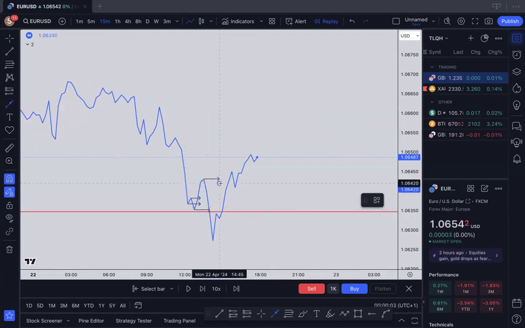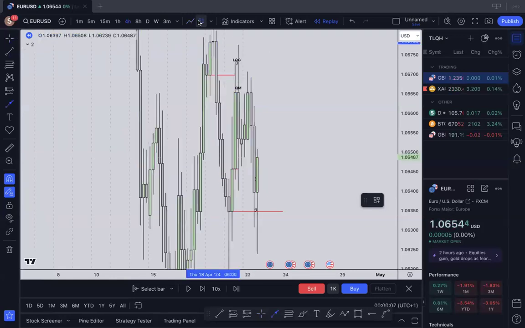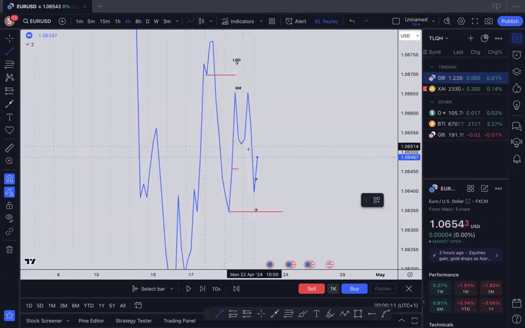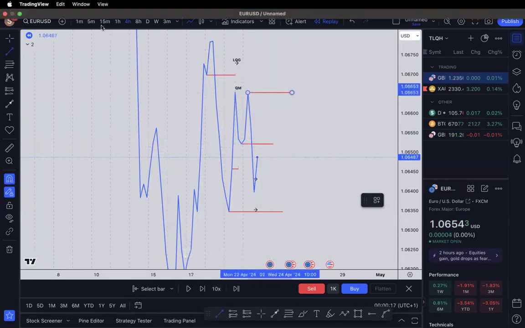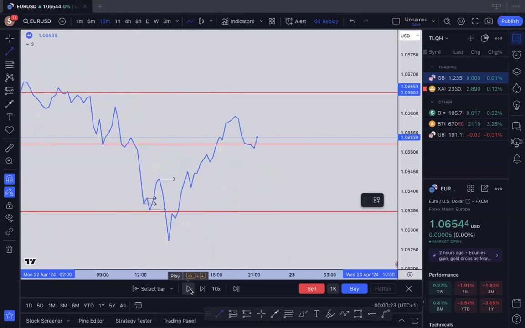You can see that we should hopefully now go up to the next H4 level, which in my opinion, if we go down to here, is either this one or this one up here. So now we'll just be on the 15-minute, waiting for that all important QM. So we get this QM here.